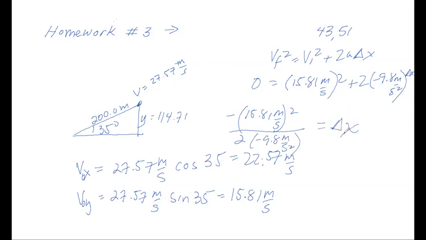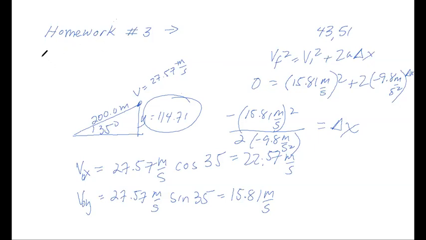On clear, 15.81 squared divided by 2 times 9.8. And that's going to be 12.75. So add that to 114.71, and I get 127.46.